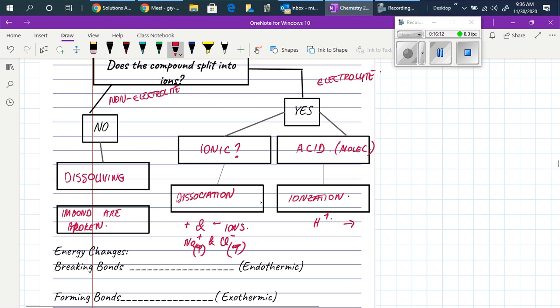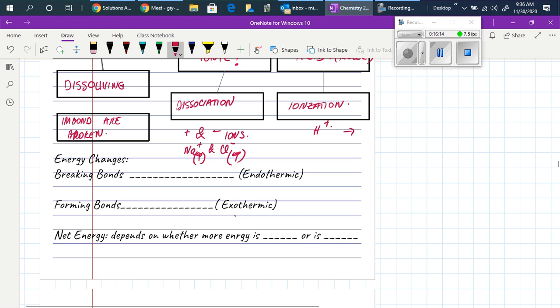Okay. Now, when we are breaking the bonds, it needs energy to break the bonds. And it makes sense, because something that is formed needs energy in order to break it. And how do we call it? As the endothermic reaction.